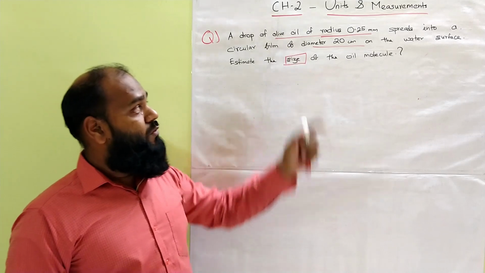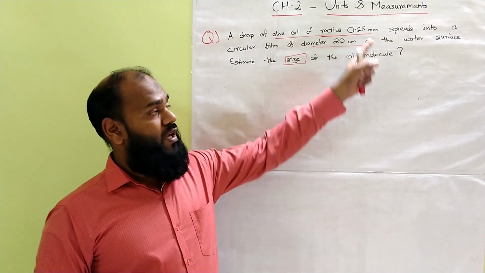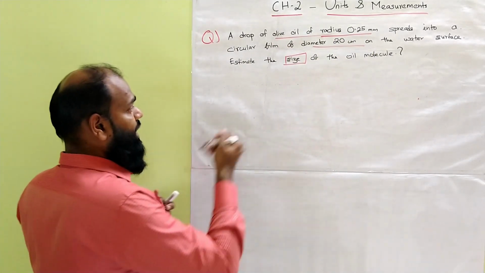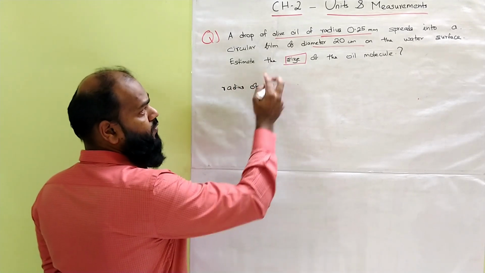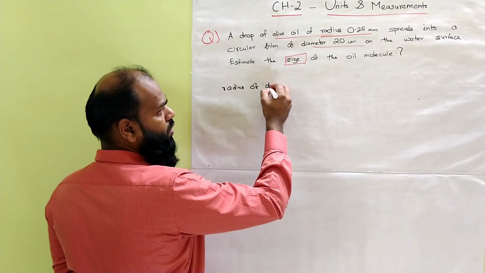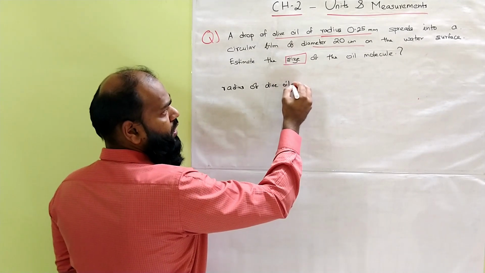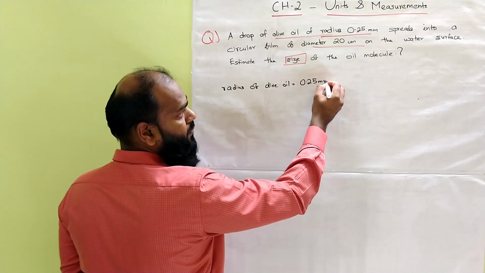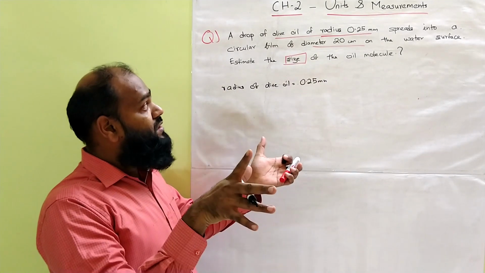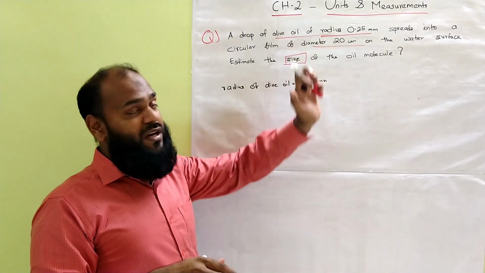A drop of olive oil of radius 0.25 mm spreads into a circular film of diameter 20 centimeter.